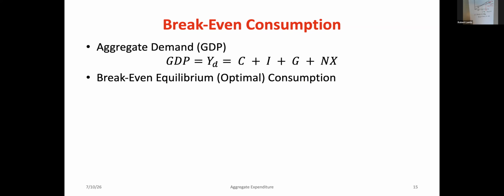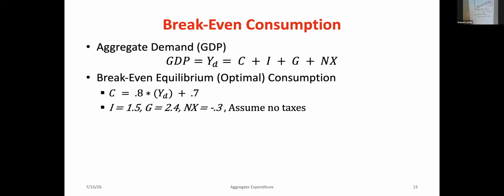Okay. So how can I find my break-even level of consumption here? Well, if I have this as my consumption function, right, I'm essentially going to plug this in for consumption and then try to solve for this equilibrium disposable income, which would be where all of our expenditures are equal to what we're producing, or that break-even point for the economy, or break-even real GDP.